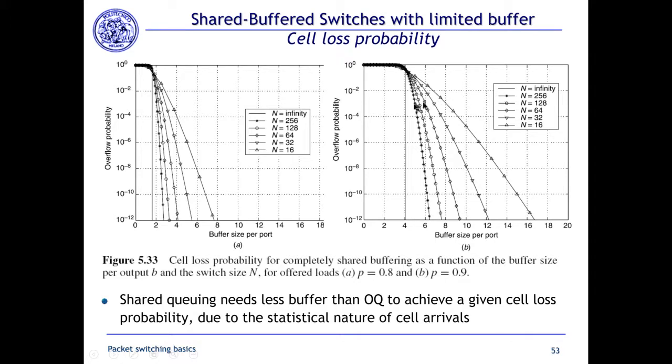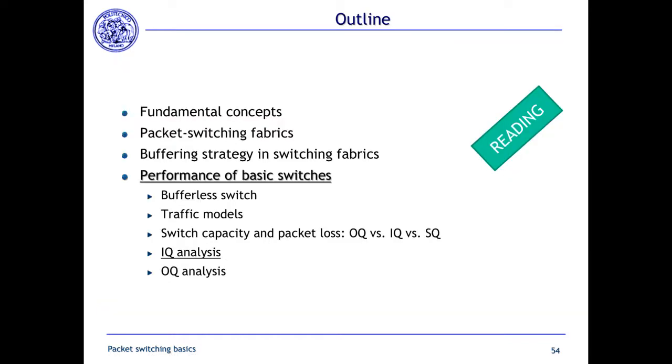And here you can see the limit for n equal to infinity, which is this first curve, where the packet loss probability gets quite close to 0 just with a very small buffer size. So then if you want to go through the analysis of the input buffering and the output buffering, you have them in the slides, but it's not required.